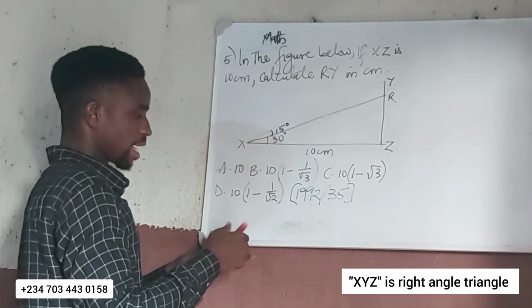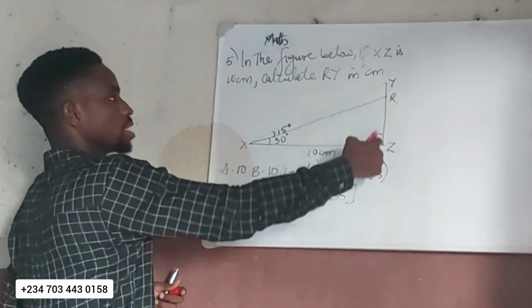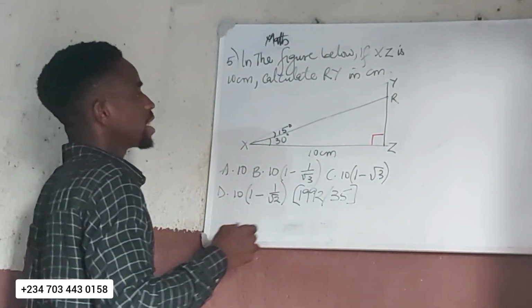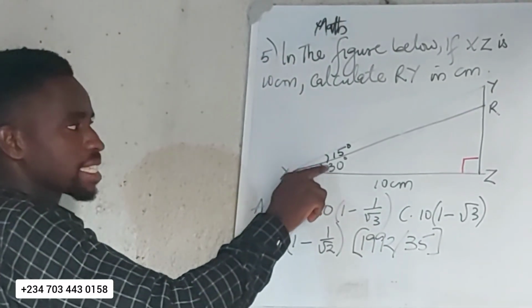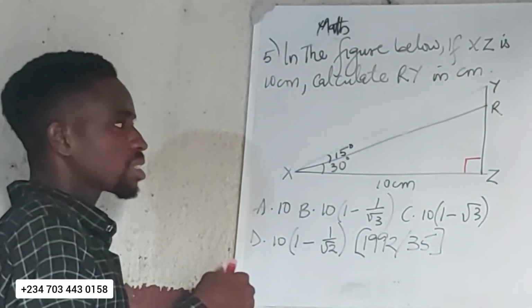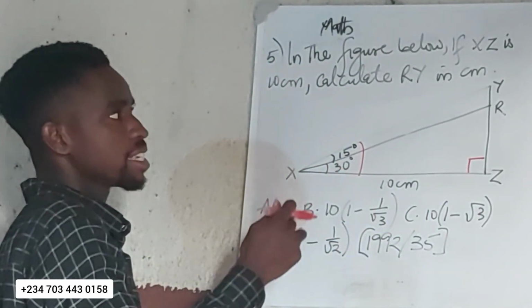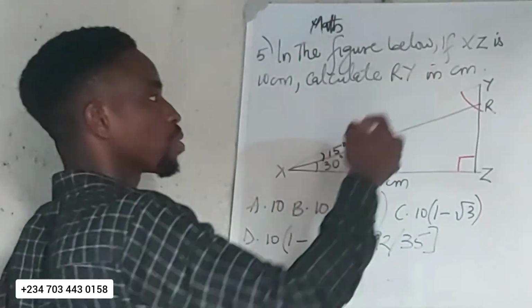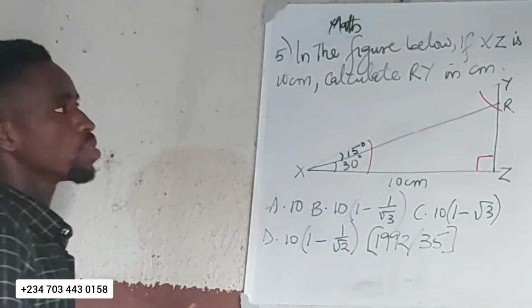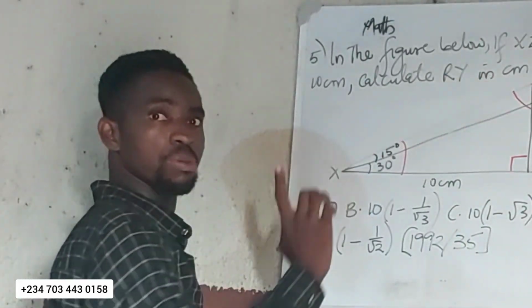It's a right angle triangle, assuming that here is 90. Now, if it is right angle, and then you see this angle here, 30 plus 15, shows that the total angle here is actually 45 degrees. So if that is 45, it means that here will be equally 45. Because here is 90 already, so if here is 45, here is going to be 45.